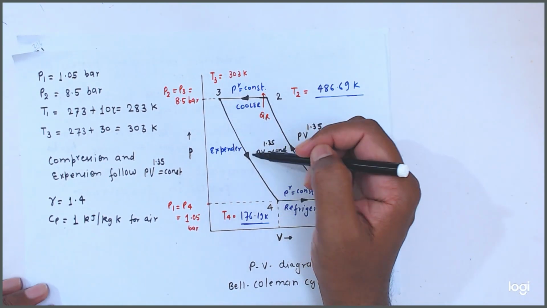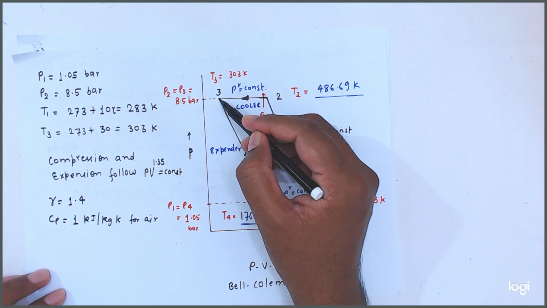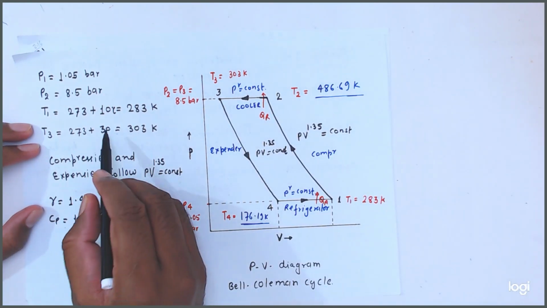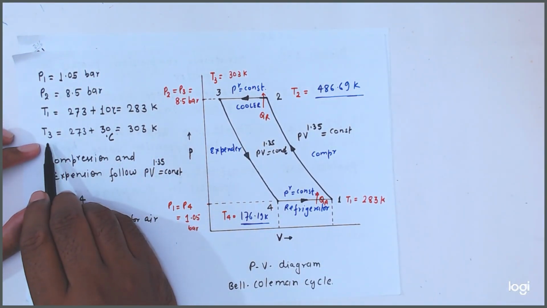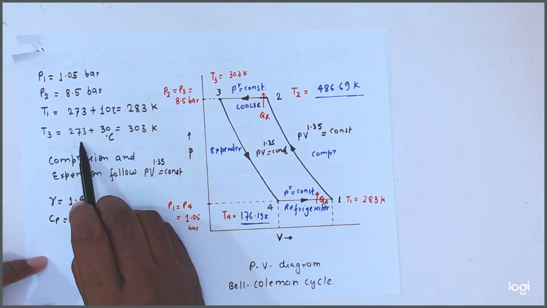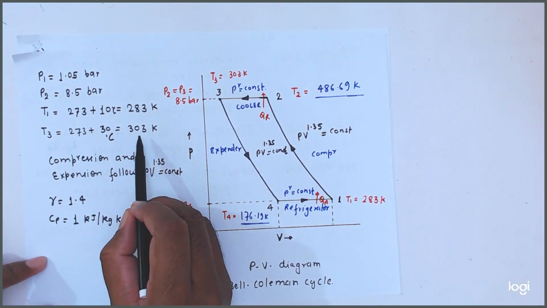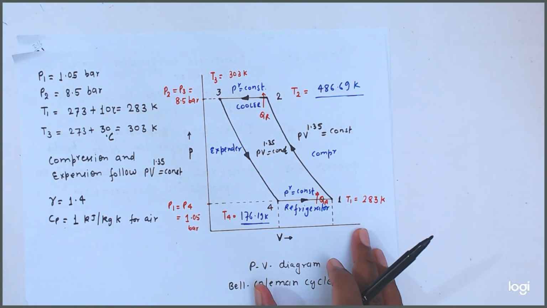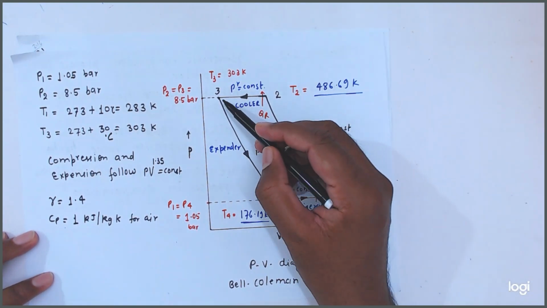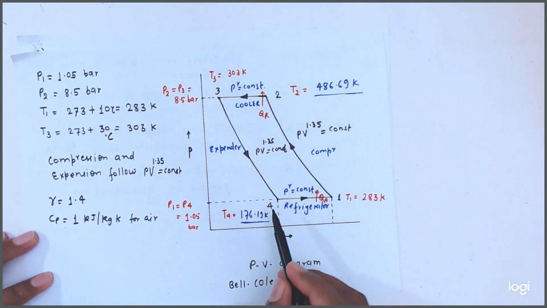This point is the entry into the expansion cylinder. So here 30 degrees centigrade means T3 equal to 273 plus 30 equal to 303 Kelvin. Getting, friends?